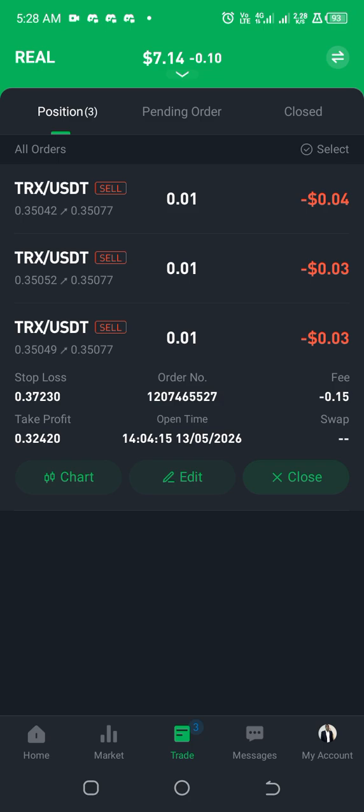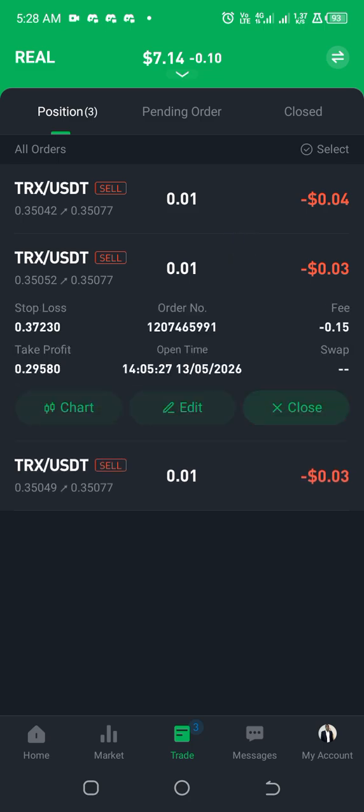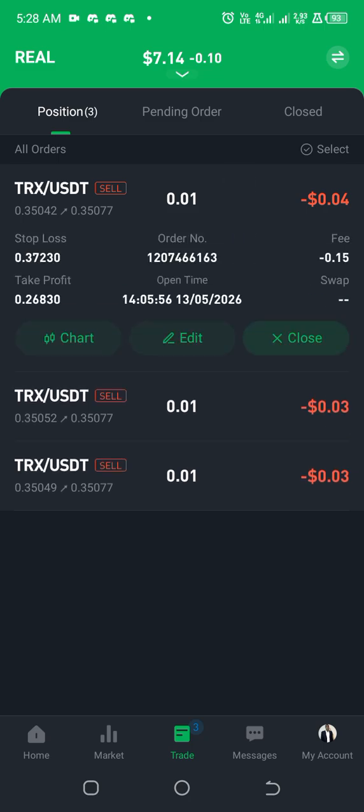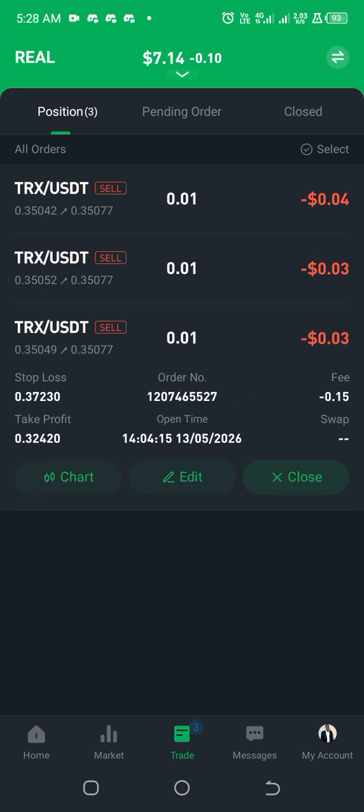So that's just it, guys. You can see the time when I entered each of the trades: 14:04 here, so sometime yesterday afternoon, 14:05, 14:05:56, 05:27. That was my first trade.